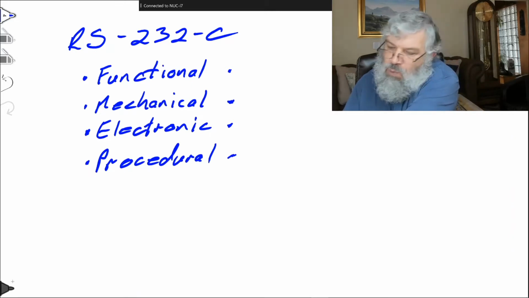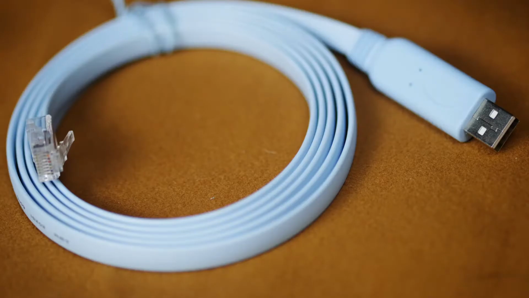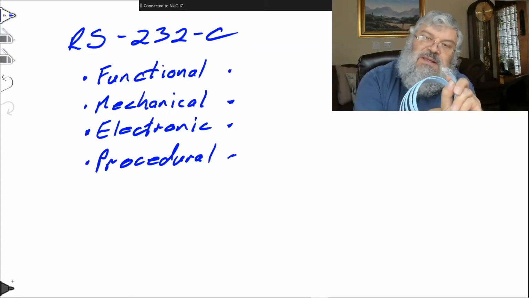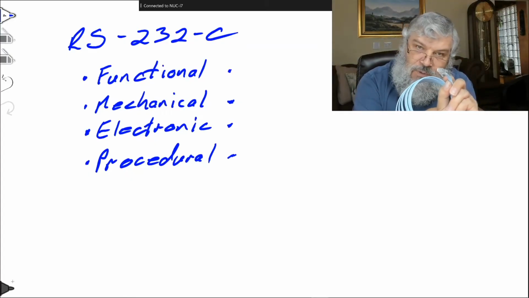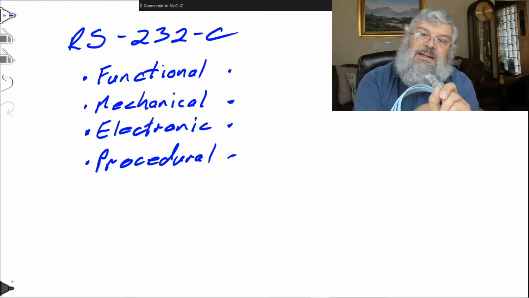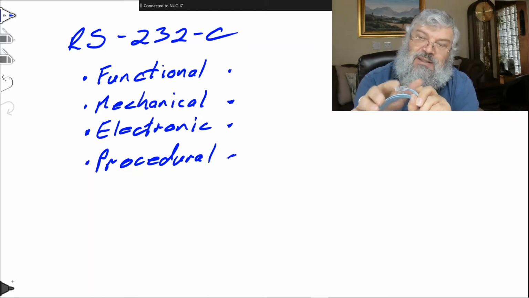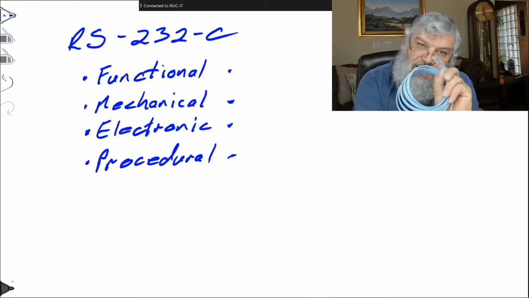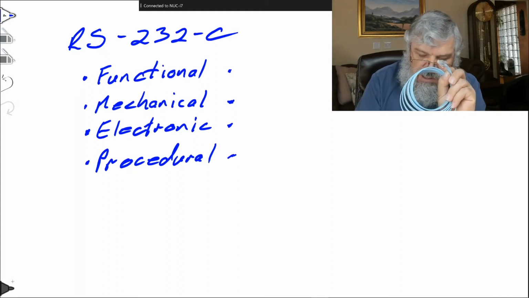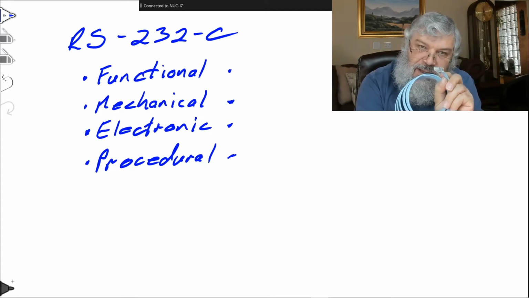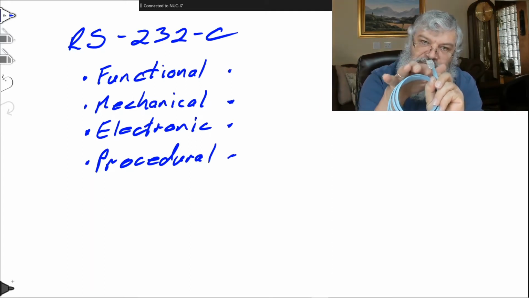In a more modern incarnation, here is a serial port that uses an RJ45 or 8P8C plug to connect. So even though it looks like an Ethernet connector, it is actually an old style RS232C port, but one where they forgot about the mechanical aspects and redefined it.